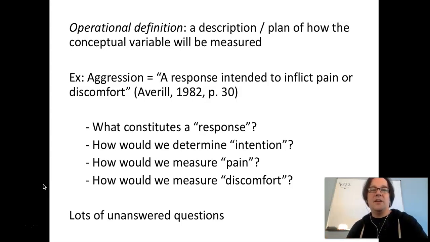If a friend flicks your ear or something like that, as a joke, are they acting aggressively? It might sting for a second or cause discomfort for a second. Was it their intention to inflict pain or discomfort? Probably, as like a little joke type of thing.